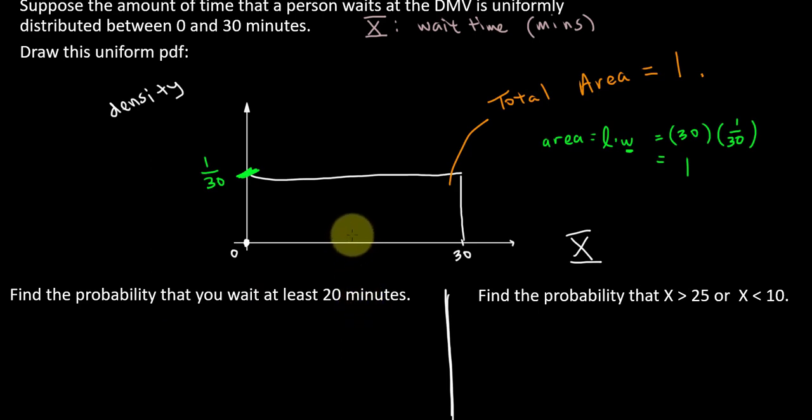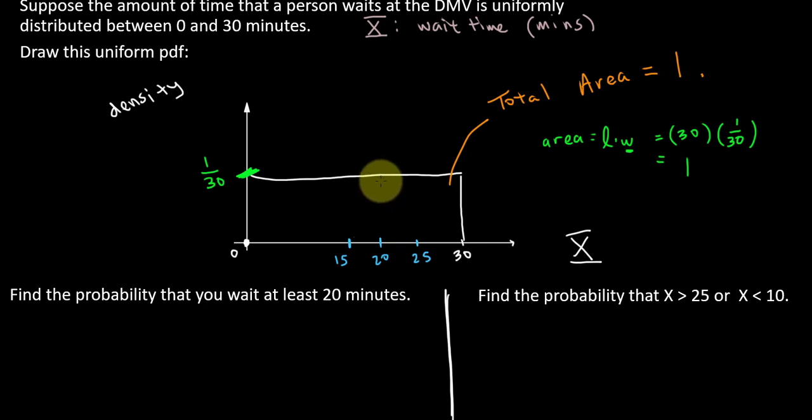Okay, so we want to represent 20 minutes along this x-axis. I know 15 would be right in the middle, so maybe 20 would be right around there, and I guess 25 would be right around there. At least 20 minutes. I like to represent the region that we are searching for.